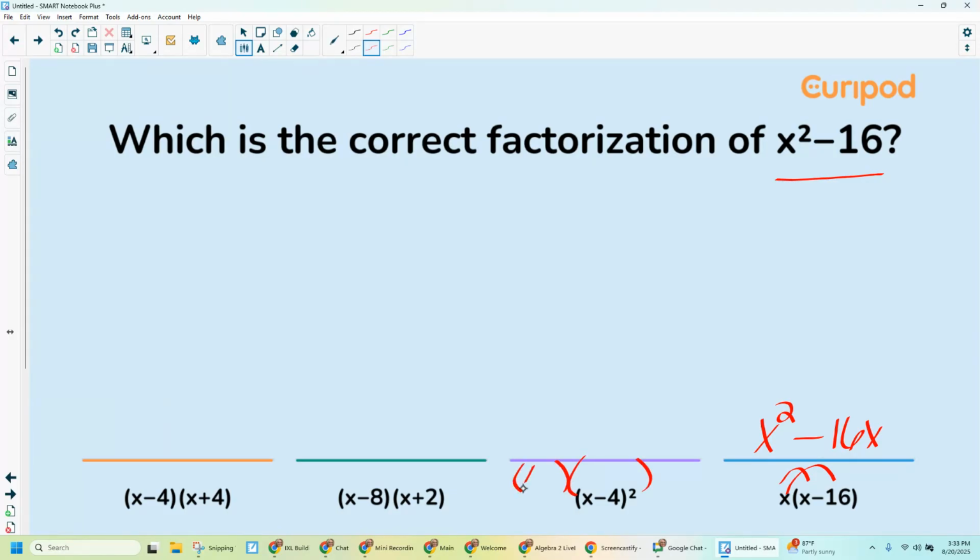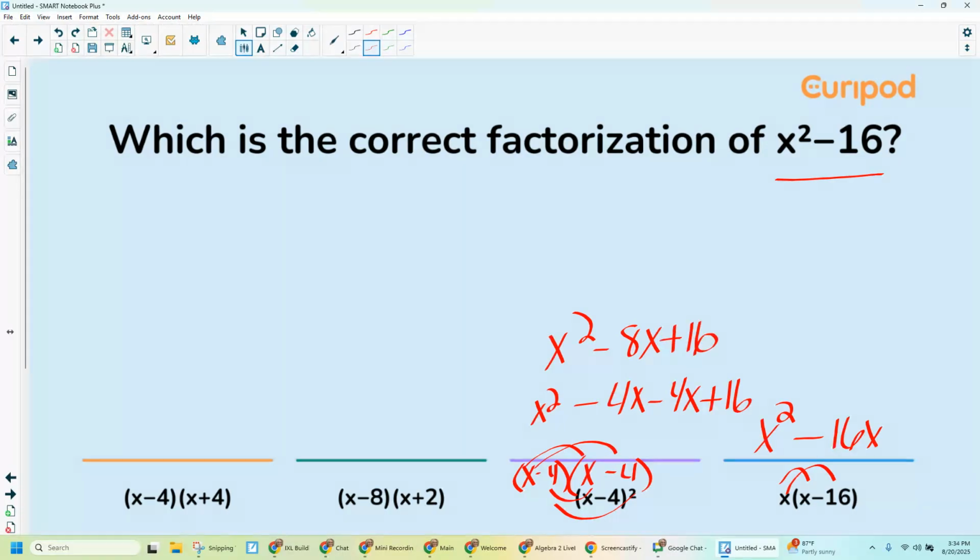Let's try this one. X minus 4 times x minus 4. Distribute the x. I would get x squared minus 4x. Then distribute the 4. I get minus 4x plus 16. So that becomes x squared minus 8x plus 16. That definitely does not match. Let's try the next one.